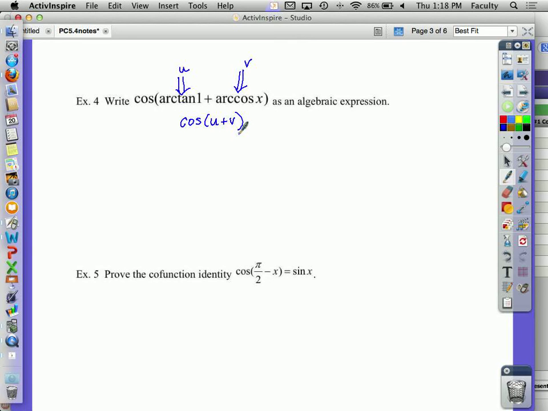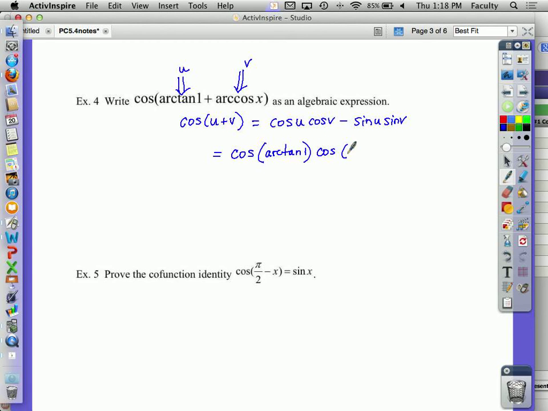Well, if I have cosine of u plus v, I now know from my formula list that that's cosine u cosine v minus sine u sine v. All right, well this is the cosine of whatever u is, and u is arctan 1.